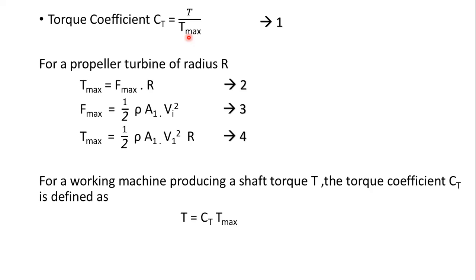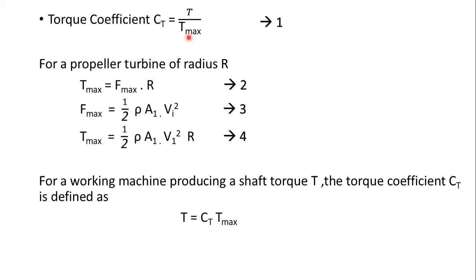The maximum conventional torque T on the turbine rotor occurs if the maximum thrust, that is the force, could somehow be applied at the blade tip, furthest from the axis. If this maximum force is applied there, we will get maximum torque.